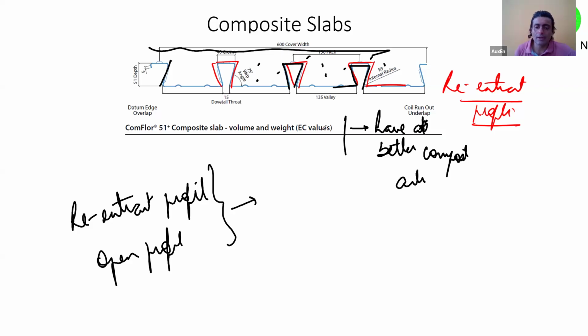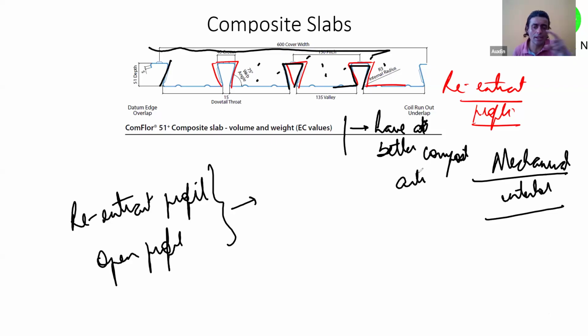Here I am able to get the composite action due to what is called mechanical interlock. Of course, I am getting mechanical interlock in the earlier case also, but here I am able to get better mechanical interlock.